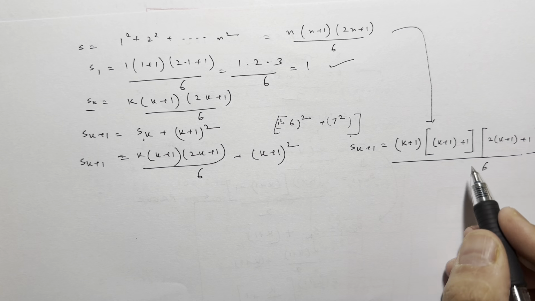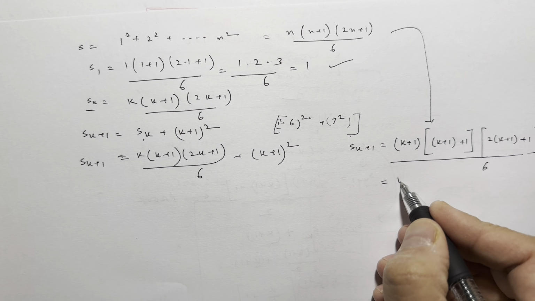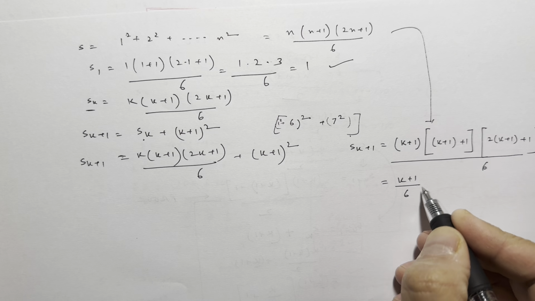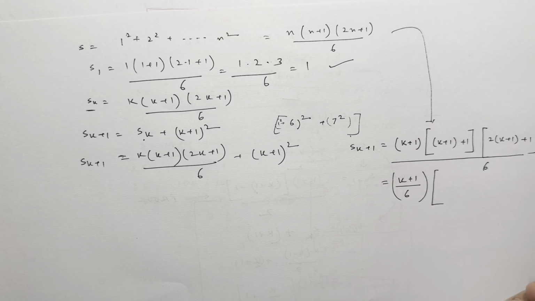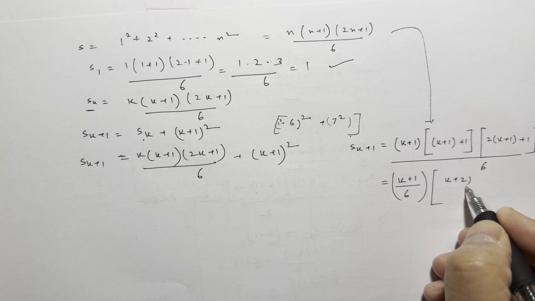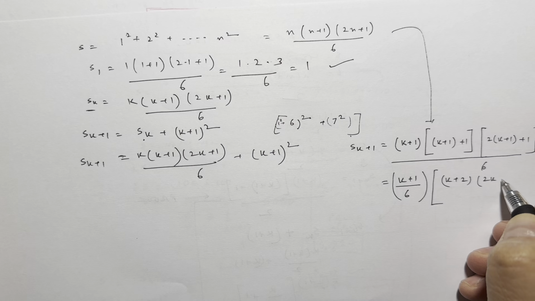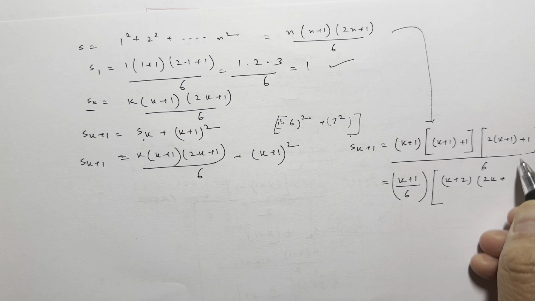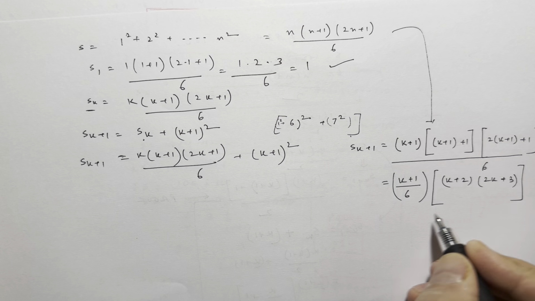This is what we have to get at. This can be simplified as (k+1)/6. So we have (k+2) into (2k+3). This is what you have to simplify.